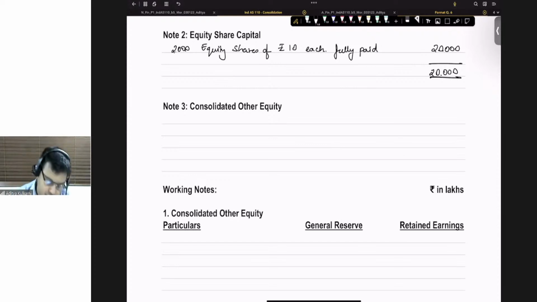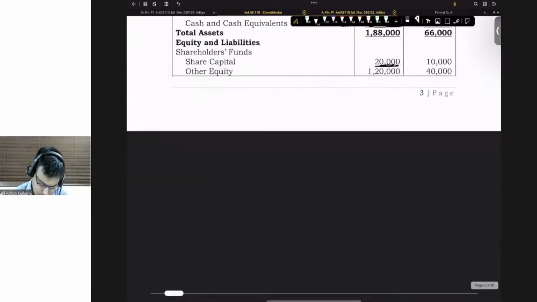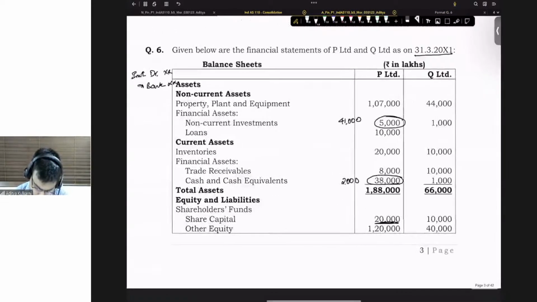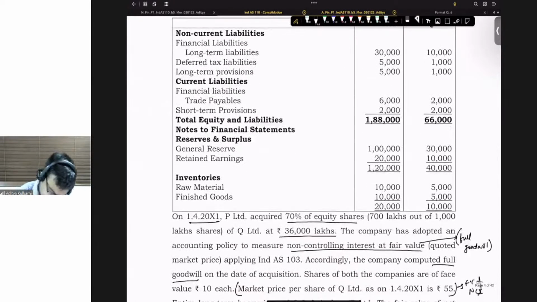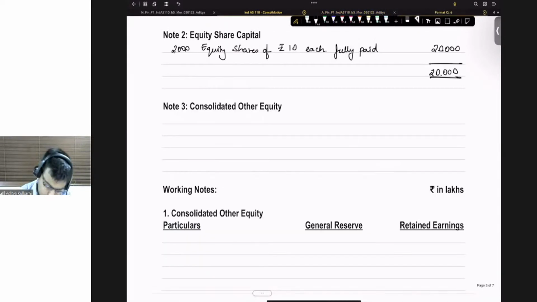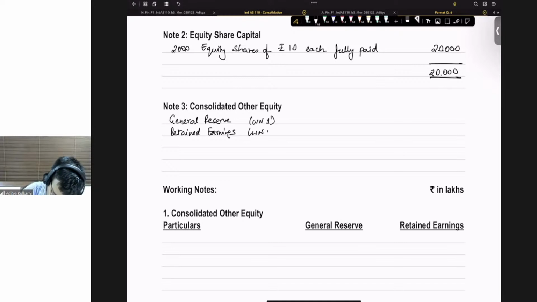Reserves and surplus, we will write the parent's reserves and surplus as well as the subsidiary's if there are any extra. But here in both cases we have only general reserve and retained earnings. So let us just write that. All these amounts will flow from working note 1.